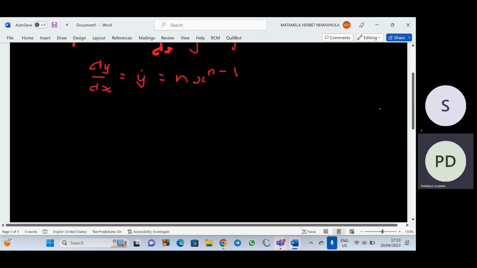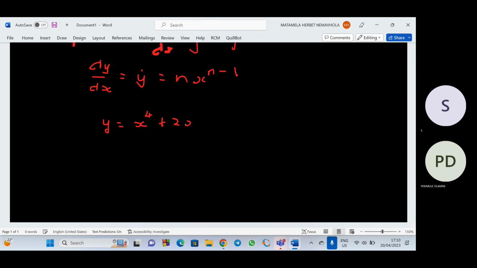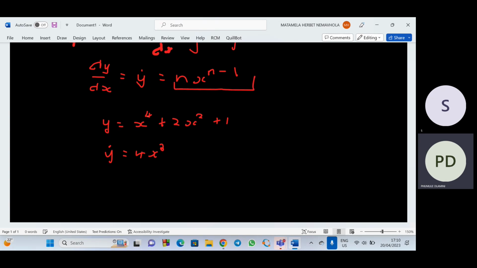So this means that if I have a polynomial equation, y equals x to the power 4 plus 2x squared plus 1, then when I differentiate, this 4 will come down, giving 4x to the power 3, because we are using this formula for polynomials: the 4 goes down, then we subtract 1.